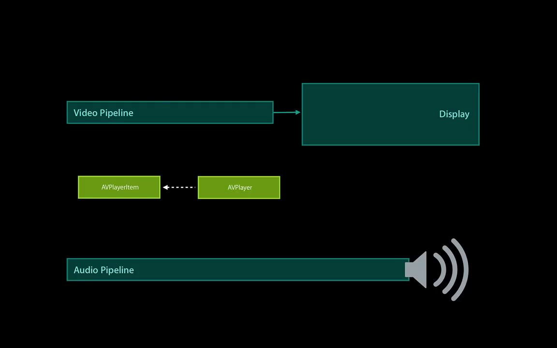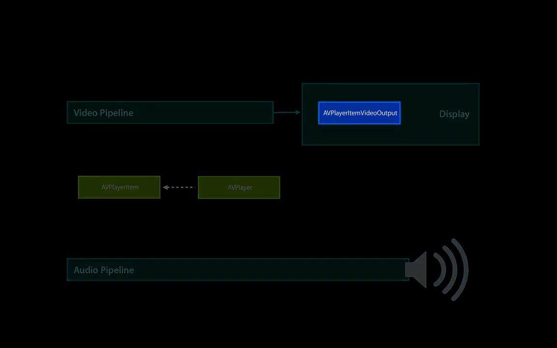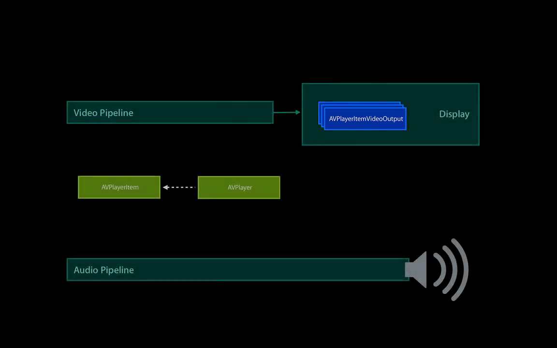And for that, we're introducing a whole new object. It's the AV player item video output. You can associate multiple of these to a single player, and it's your key for achieving custom video processing.